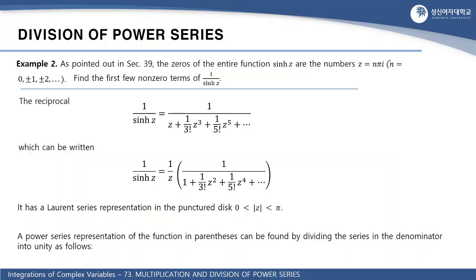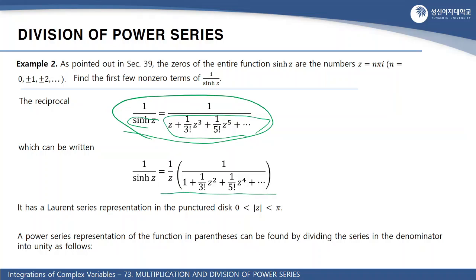The reciprocal is expressed by this, because hyperbolic sine z has the Taylor series z plus z cubed over 3 factorial plus z to the 5 over 5 factorial and so on. Pulling out z, it is written as 1 over z times 1 over (1 plus z squared over 3 factorial plus z to the 4 over 5 factorial plus ...).